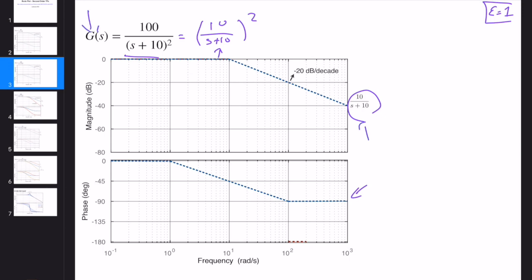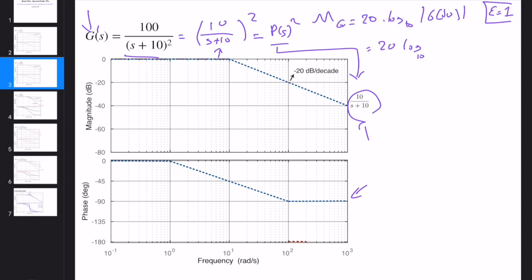So let's assume that G is equal to P of s squared, where P of s is equal to 10 over s plus 10. Let's look at the magnitude. M of G is equal to 20 log 10 magnitude of G of j omega. This is equal to 20 log 10 of P of j omega squared, which is good since it's a square and this is a logarithm.